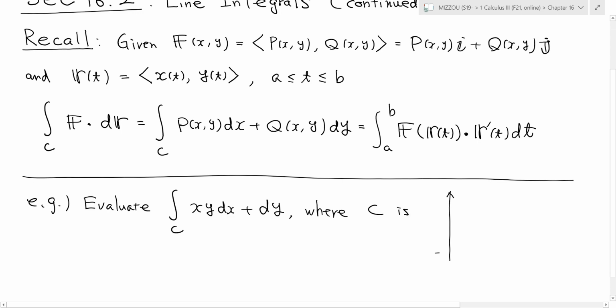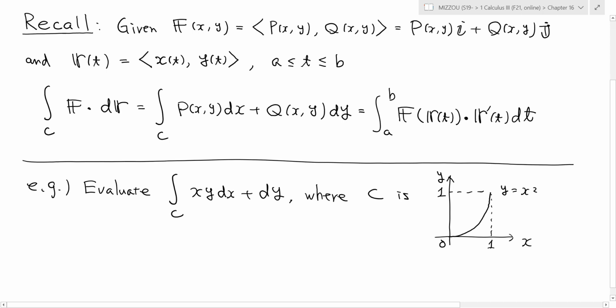C is the curve on the xy plane, a parabola given by y equals x squared, from x is 0 to 1, so y is also 0 to 1. So C is this curve here.